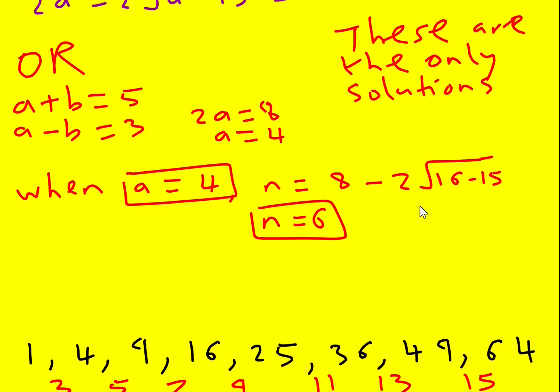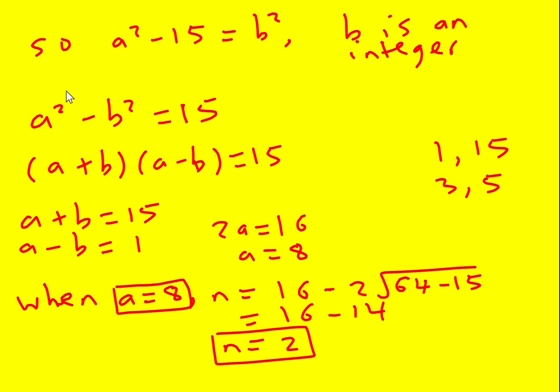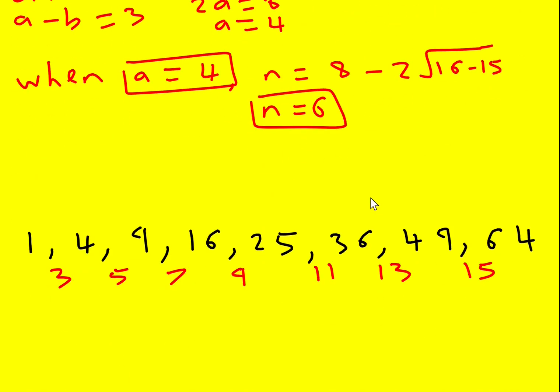Okay, and that gave me one solution, because I'm interested in taking a square number, minusing another square number, and getting 15. So a was equal to 8. b would have been 7.